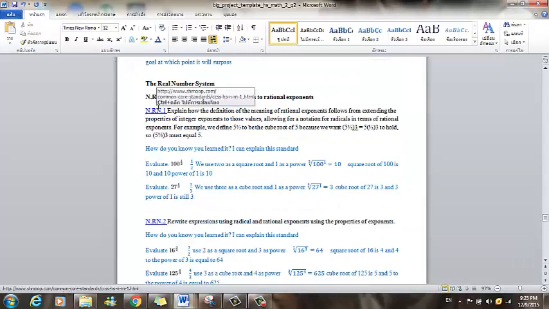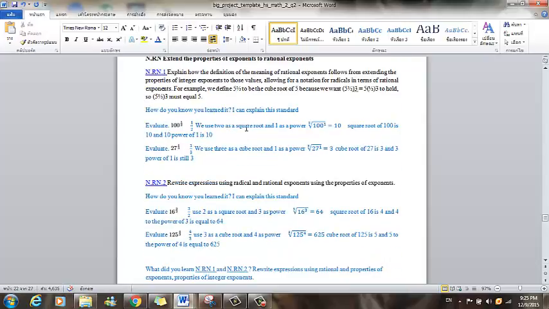So the next standard is in our endpoint one. How do you know you learned this? Because I can explain this standard. We use 10 to the 1/2. We use 2 as a square root and 1 as a power, and it's going to be equal to 10.